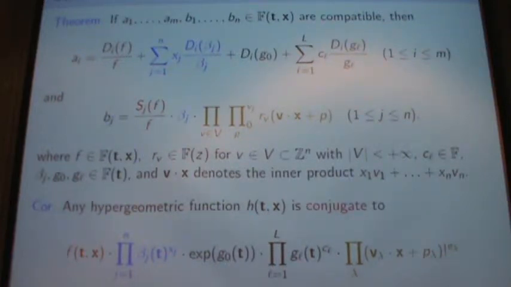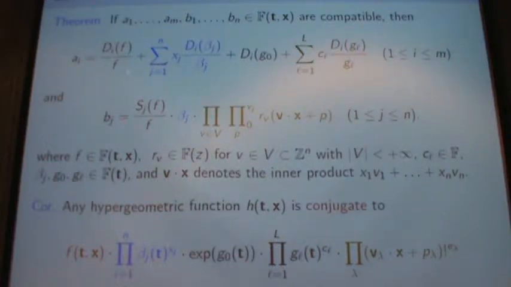You can translate this structure to the function level. As a corollary, we can show that any hypergeometric function is conjugate to the following form.